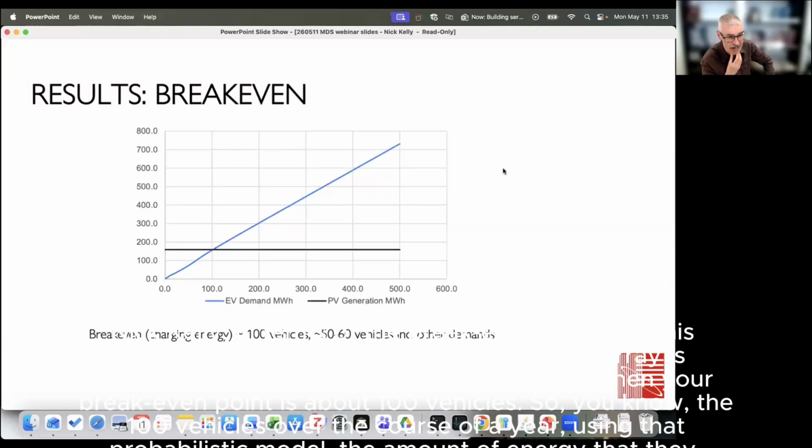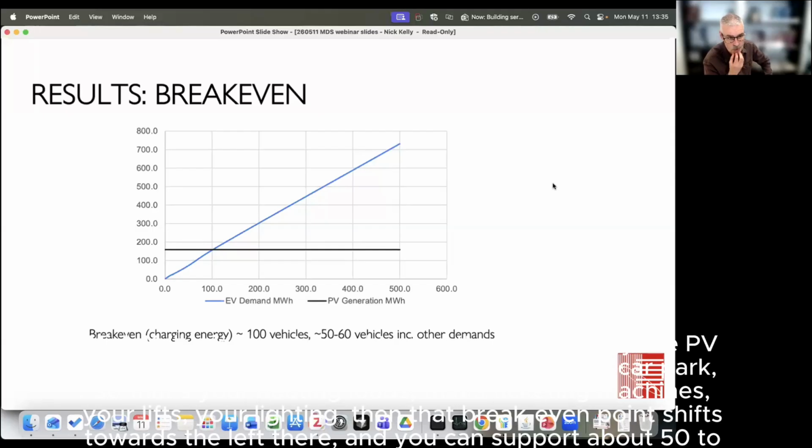In terms of the break-even point for this system, if you look at what the rooftop array is producing, and you look just at EV charging, then your break-even point is about 100 vehicles. So with 100 vehicles over the course of a year, using that probabilistic model, the amount of energy they consume is about equal to what's produced by the PV on the roof.